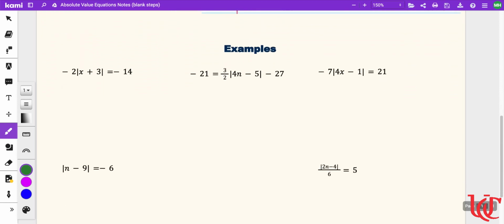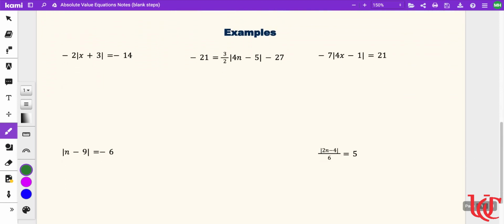If we're looking at the examples, we're not going to do all of these in the video, but I will put all of them up in our notes. I just want to look at a few of them. Starting with the first one, we have an absolute value, but there's other stuff on that side with the absolute value. So I'm not going to be concerned yet with the fact that the other side that doesn't have an absolute value is a negative number.